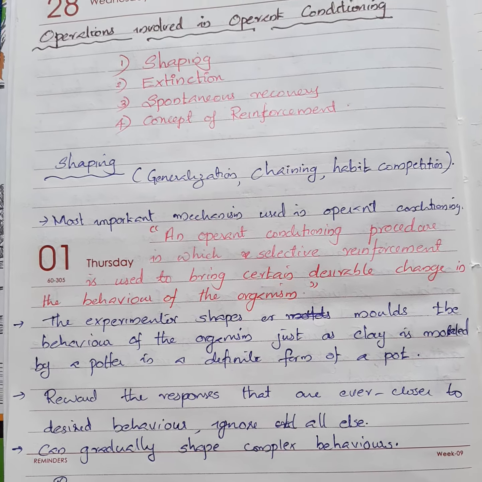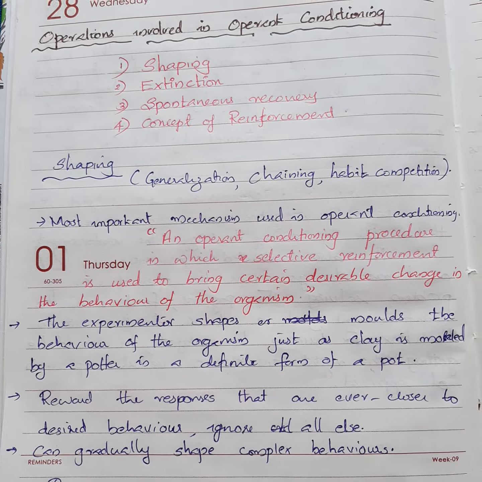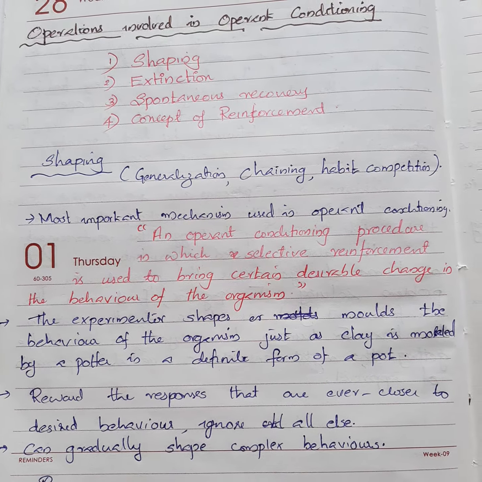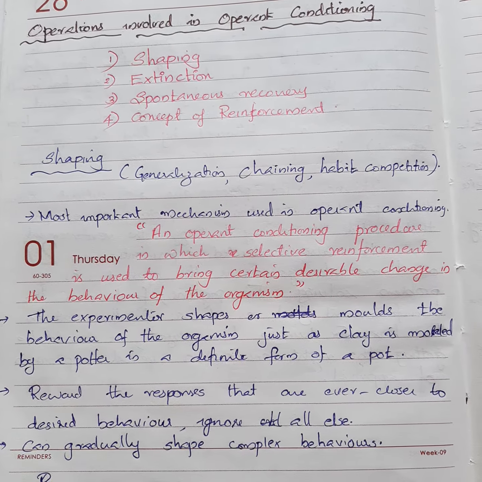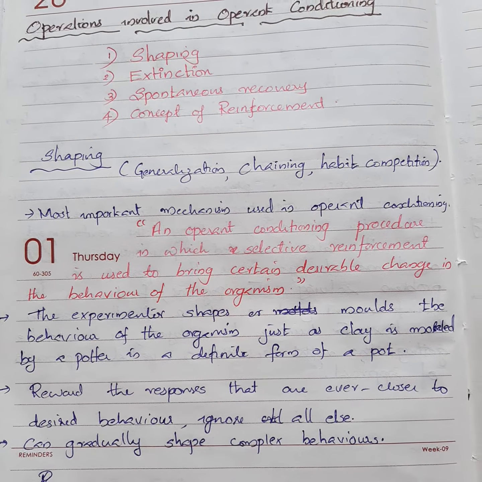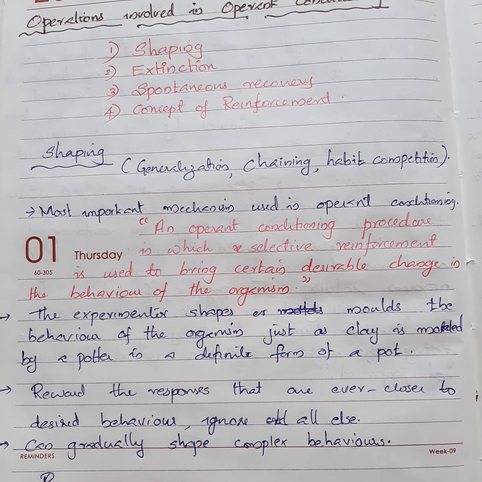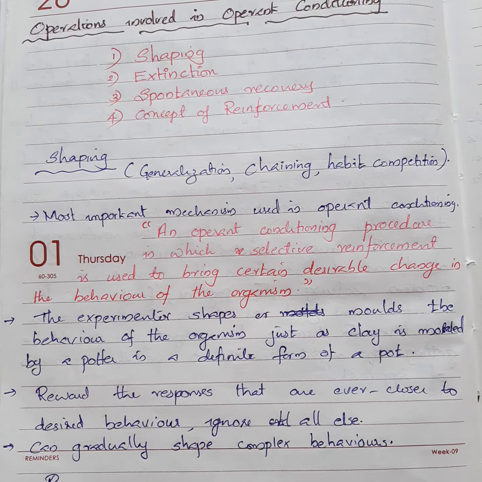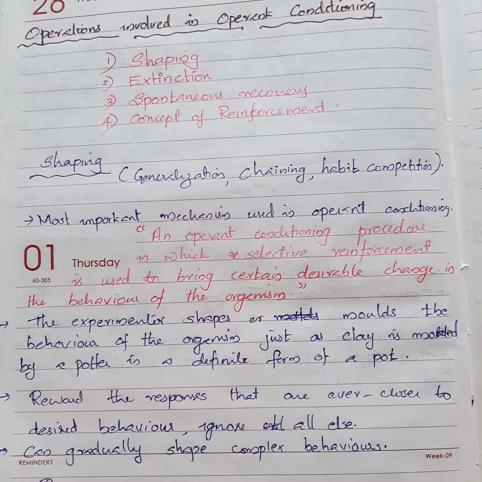The first operation is shaping. It is the most important mechanism used in operant conditioning. It is an operant conditioning procedure in which selective reinforcement is used to bring certain desirable change in the behavior of the organism.